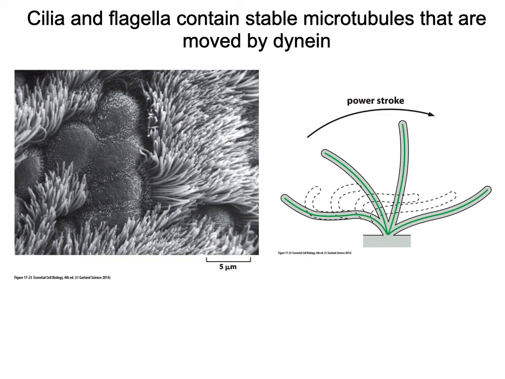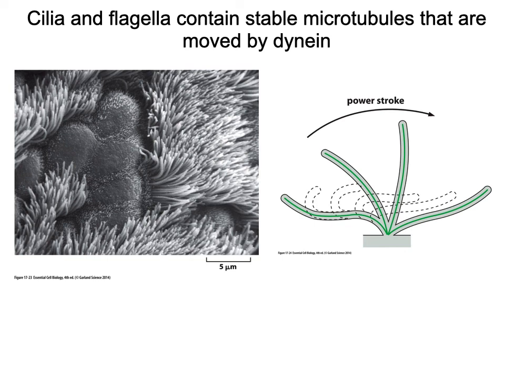And then dynein is going to be the motor protein working with the basal body to allow that movement to happen. So the basal body is going to act like the centrosome, so it's going to organize and be the base that the microtubule is going to be formed out of.